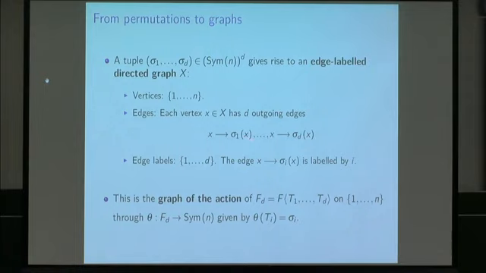So x to sigma 1 of x will be labeled 1. And equivalently, this is the graph of an action of the free group on n elements through the homomorphism from the free group to the symmetric group, given by assigning those permutations to the generators of the free group.